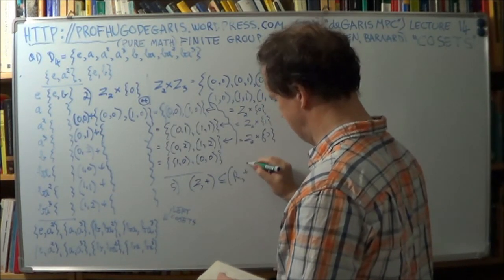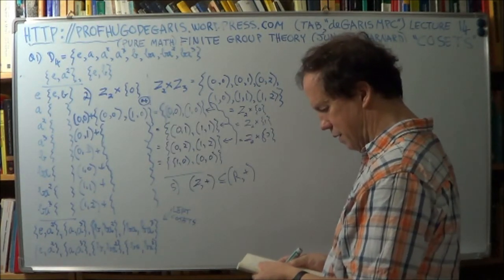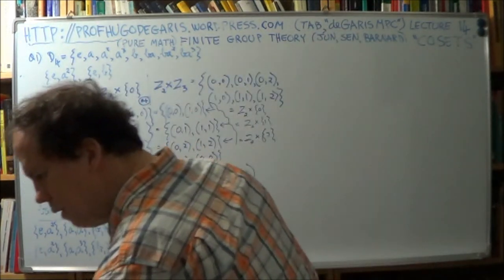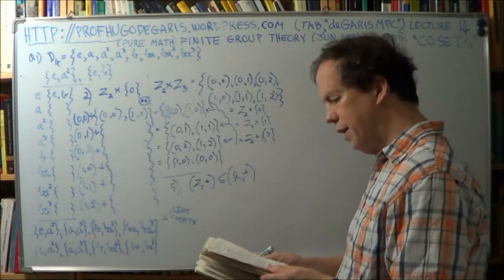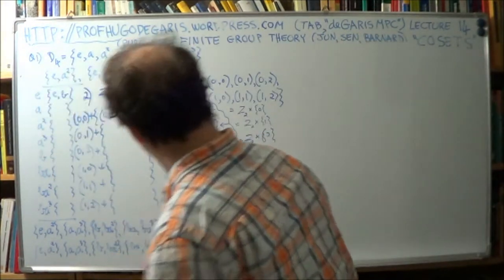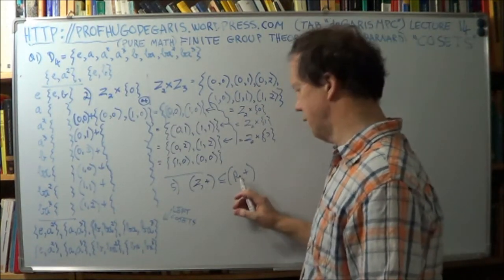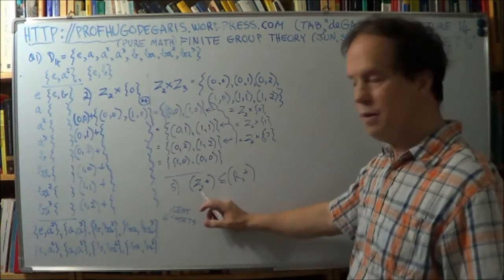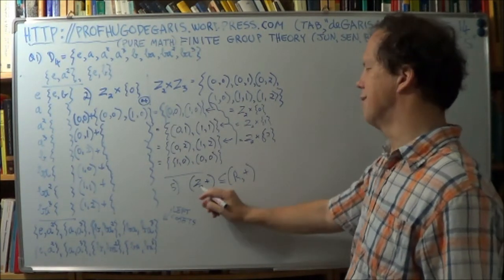Again under addition. Okay? And hang on, what is the question? Yeah, question 5. What are the left cosets of Z? So this is your subgroup of this bigger group. This is the set of all reals, the set of the integers. Right? So obviously this is a subset of that. It's also a group, so it's a subgroup.